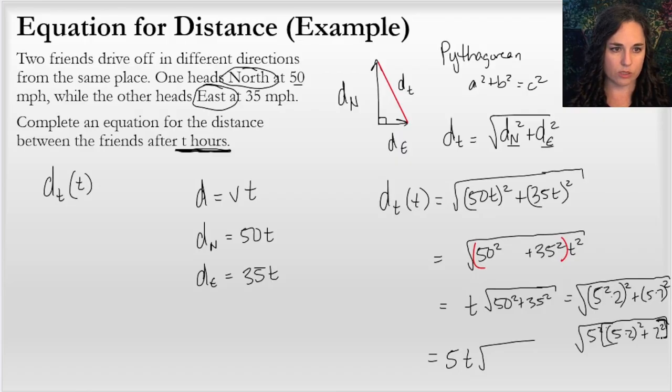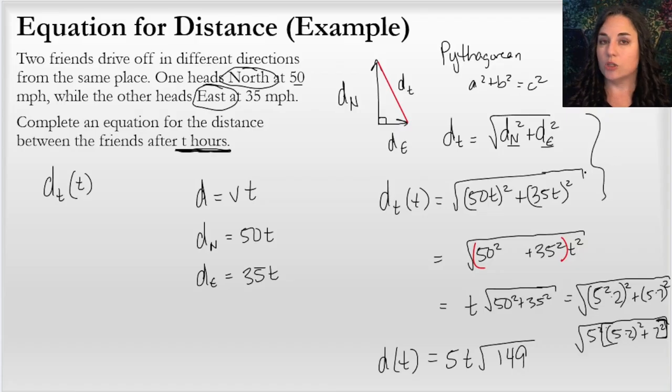I forgot to put those in there. 10 squared plus 49 is 149. And so that's what they want for this answer. The total distance, the distance as a function of time, is 5t, the square root of 149. That's our answer. It's not a radical function, but definitely our strategy included setting up a radical function, right?